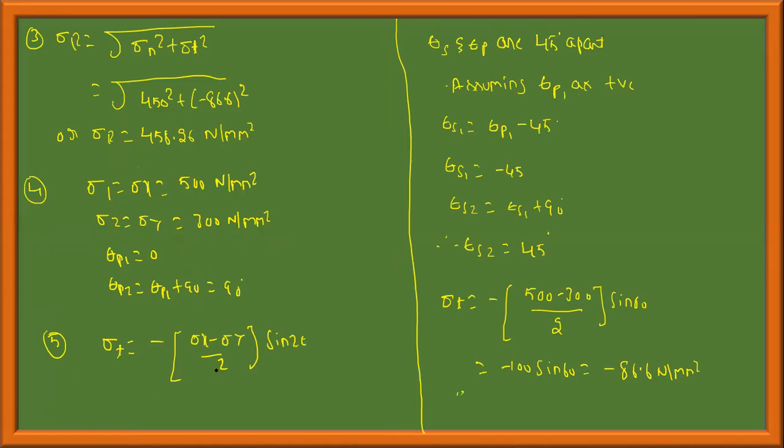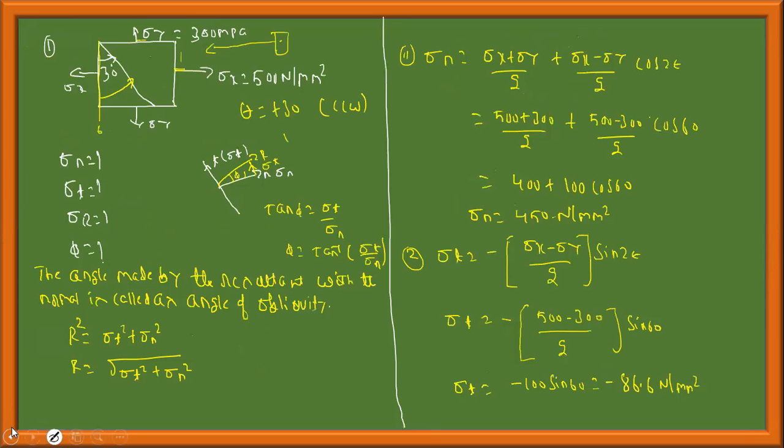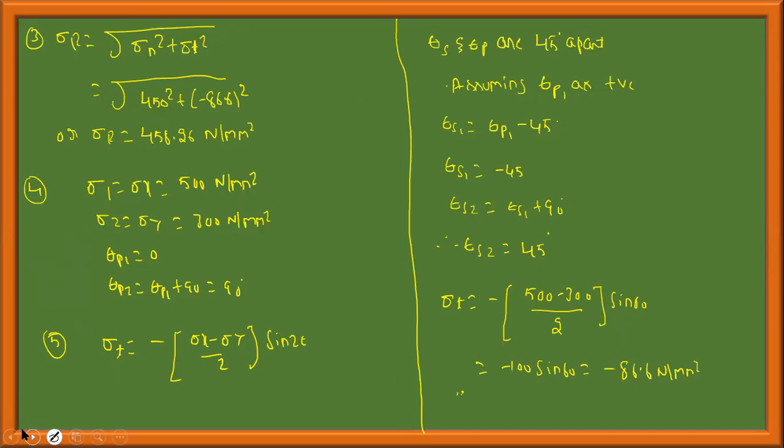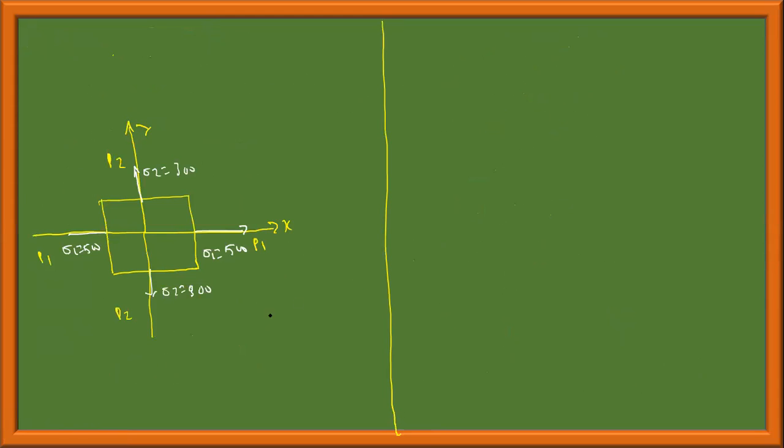Also, I forgot to tell you, these planes of maximum shear stress are also accompanied with average stress. In order to calculate that average stress, we need to substitute in the sigma expression the maximum shear theta s1 or theta s2. To find sigma average, substitute theta s1 or theta s2 in sigma n.